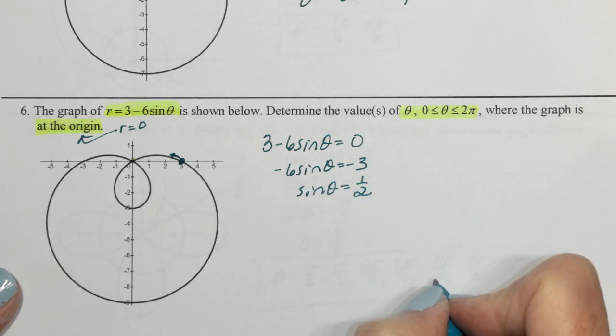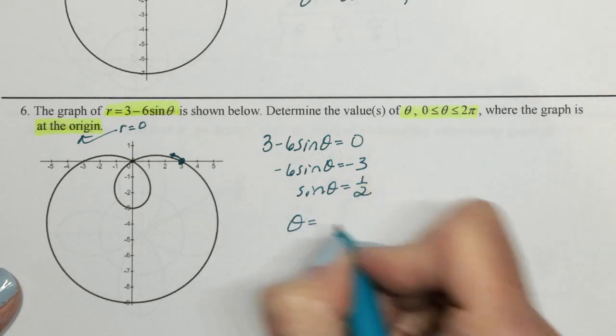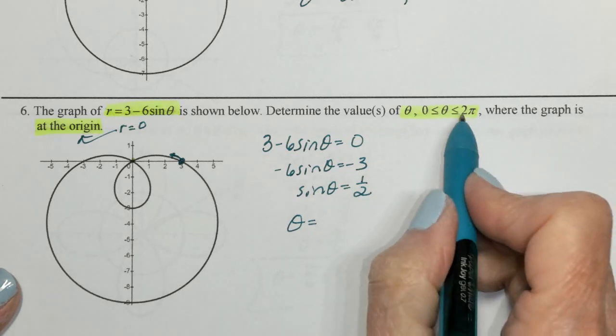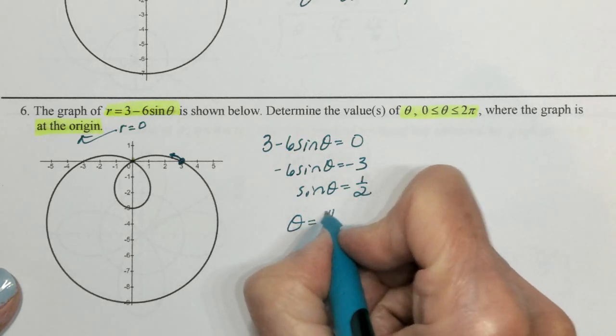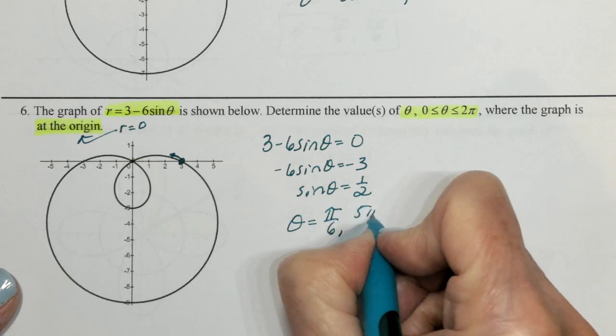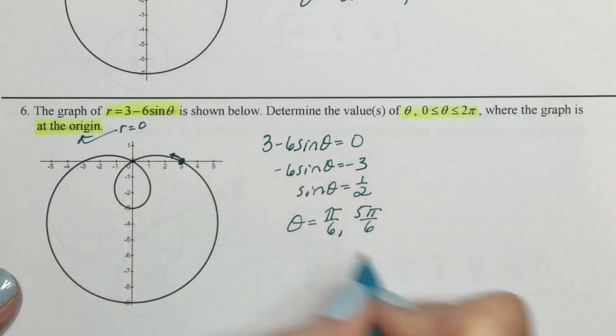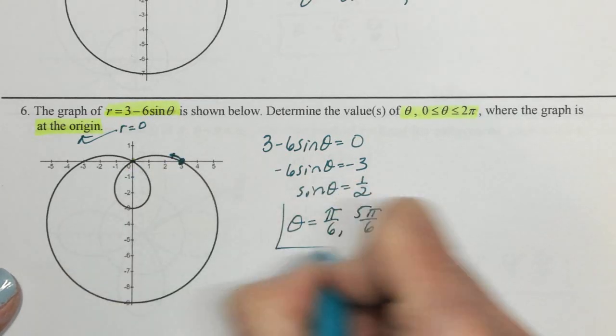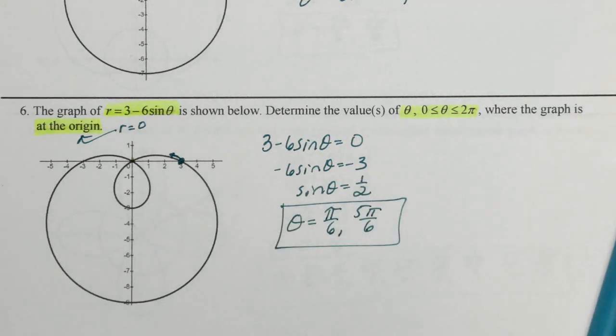Sine of theta is a half. What values of theta make sine a half in this interval? Pi over 6 and 5 pi over 6. Those are those 2 values that we knew to expect. And that's it. Finding the intersection of polar curves.